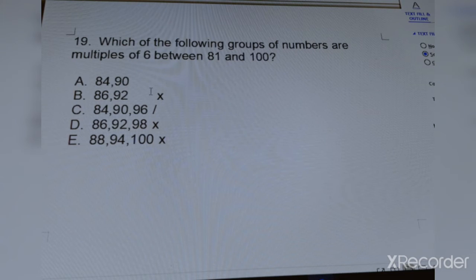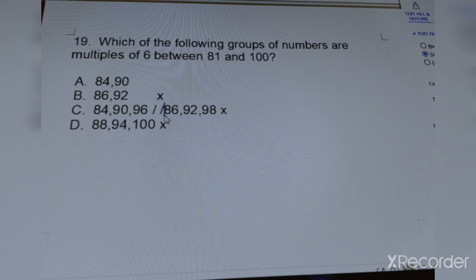Your A is 84, 90. Your C is 84, 90, 96. Therefore, your answer is letter C because 96 still belongs between 81 and 100. Right? So letter C is your answer.